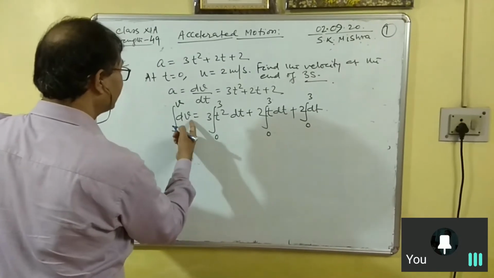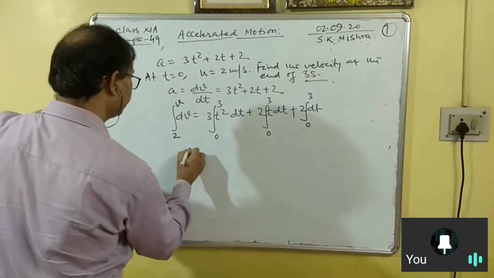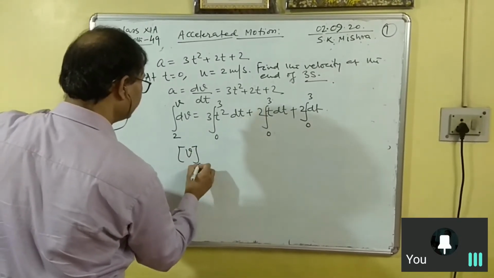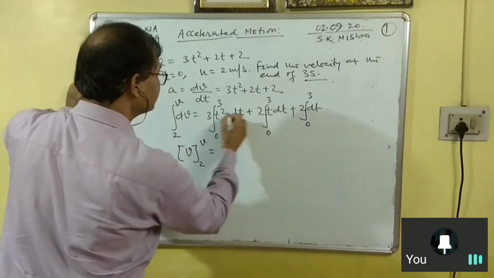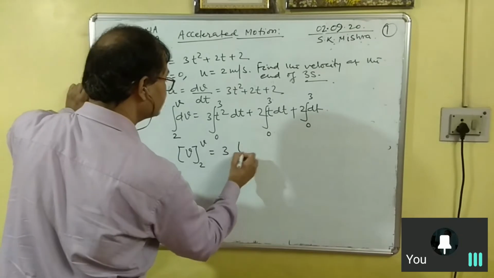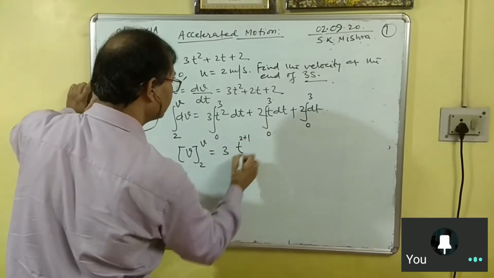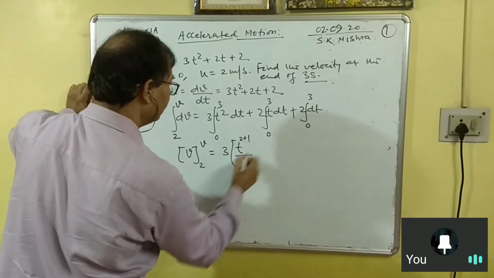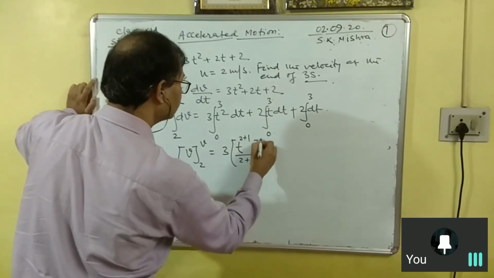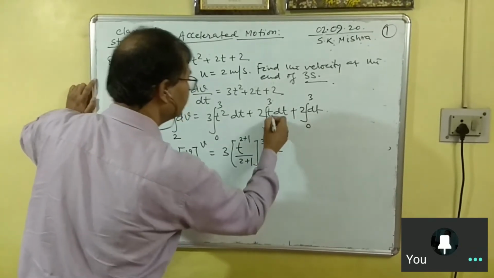So integration of dv is nothing but v, with lower limit 2 to upper limit v. This is 3t square dt. Integration is t raised to 2 plus 1 by 2 plus 1, that is t cube by 3, limit 0 to 3, plus 2t dt.